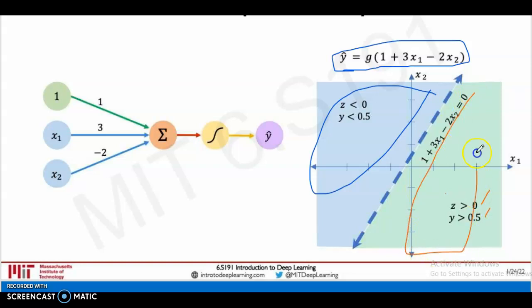Here this is x1, x2; z less than 0 gives y less than 0.5 here, and z greater than 0 gives y greater than 0.5 in this portion.